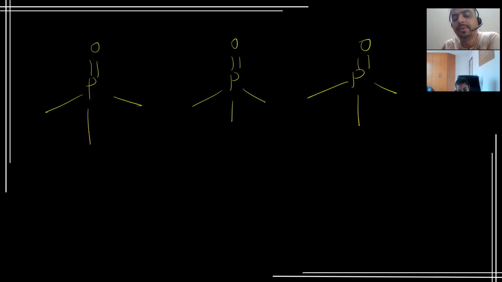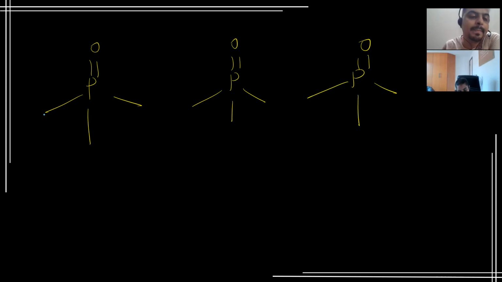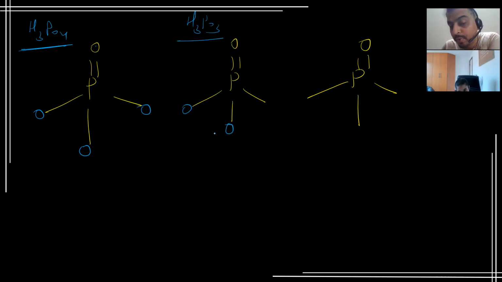Then you can see how many oxygens are still remaining in H3PO4. There are 3 more oxygens, 1 plus 3 is 4. In H3PO3, how many oxygens are there? 3. So you have to draw 2 more.